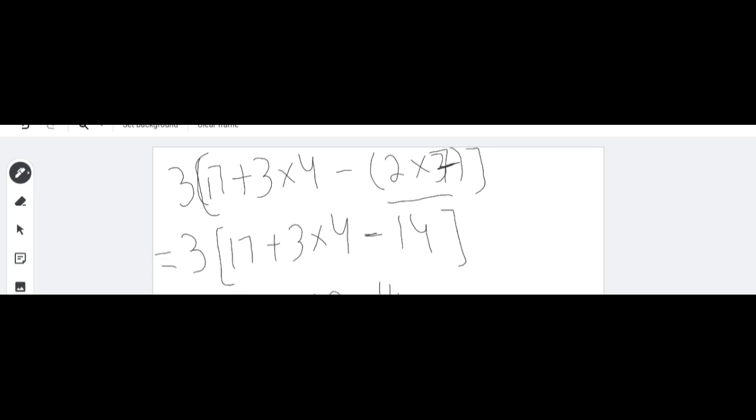And after the multiplication we have to solve the addition, and the answer is 17 plus 12 is 29. 29 and then minus 14.